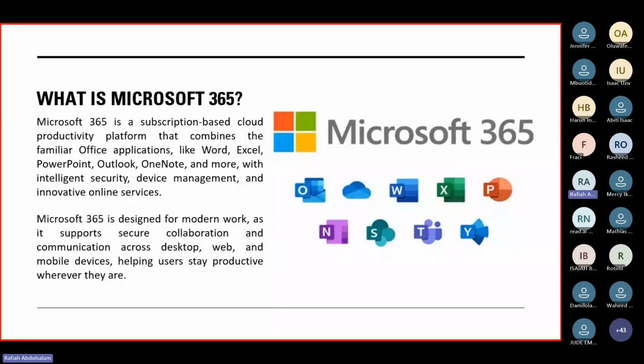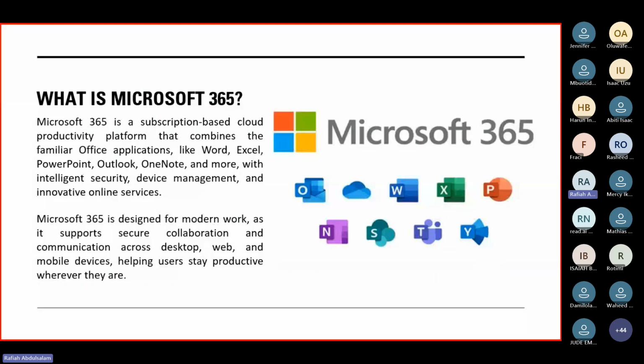You have your laptop, your iPad, your tabs, your mobile devices, your phone, your Android. From anywhere, you're able to access your resources, your data, your files, and you can work on them right on the go.